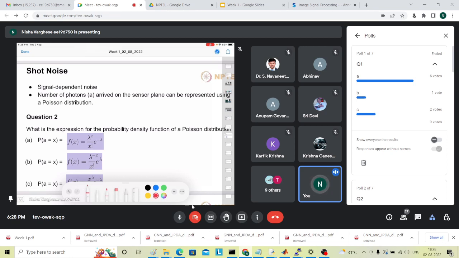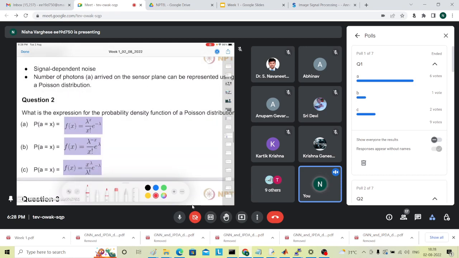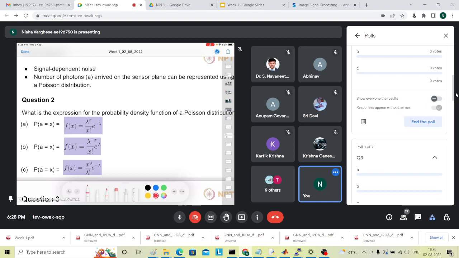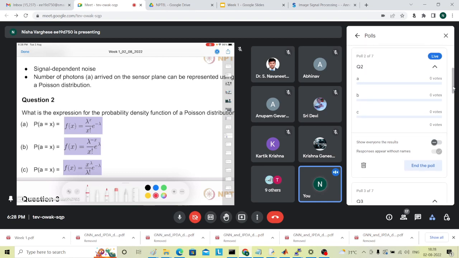That arrival or counting problem can be represented using a Poisson distribution. The first question is: what is the expression for the probability density function of a Poisson distribution? I'll launch the question. Somebody can answer; I already launched the poll.